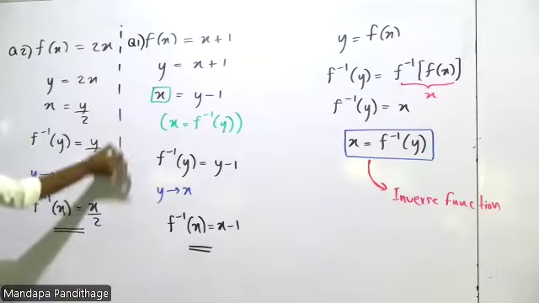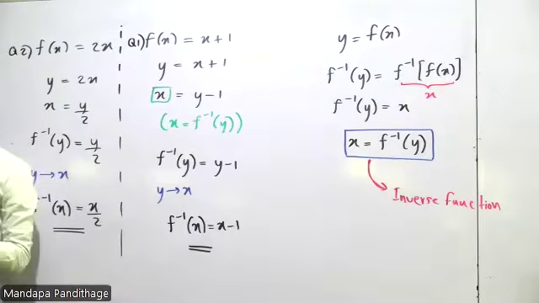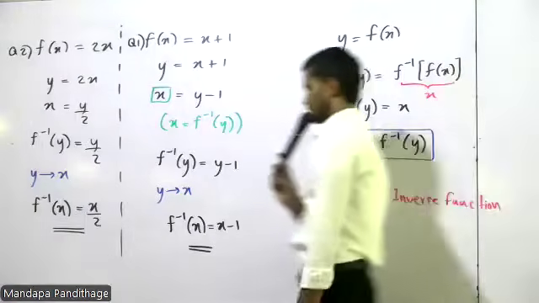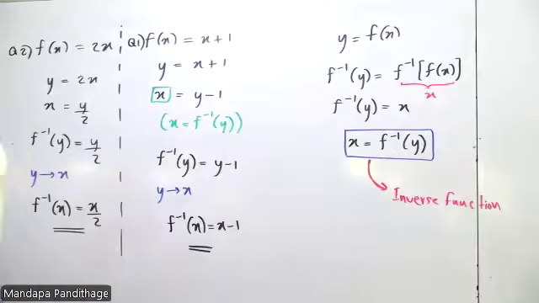Do these two examples. Small thing. Don't copy from the board, do it alone. Do the subject part alone. When you subject x properly, that is f inverse y.